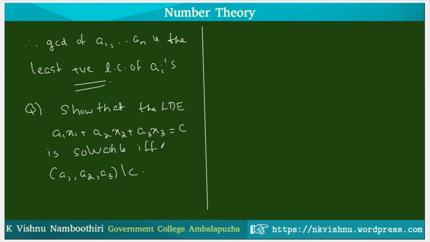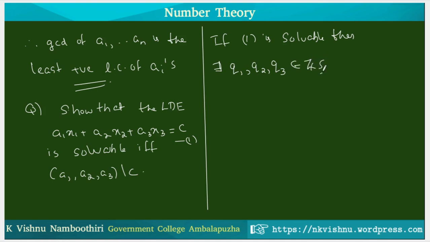Now suppose that we call this equation 1. If equation 1 is solvable, then definitely there exist some values q1, q2, q3 in Z such that a1 q1 plus a2 q2 plus a3 q3 is equal to c.